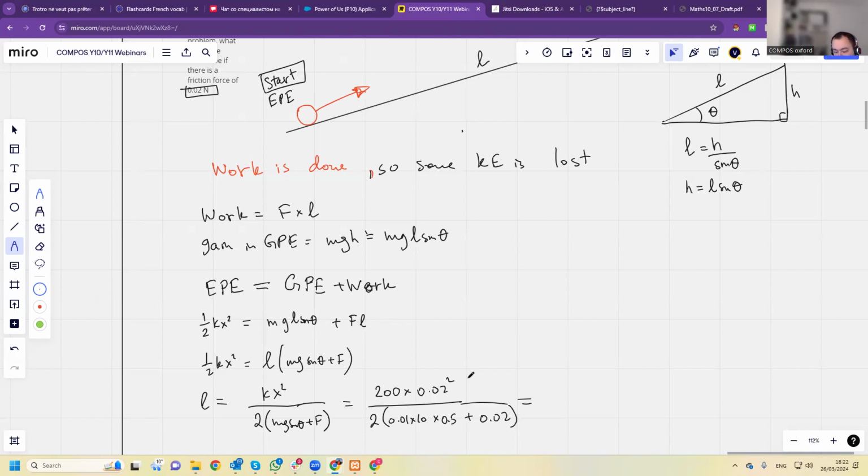So 200 times 0.02 squared divided by 2 times (0.05 plus 0.02), which gives 0.57 meters, 57 centimeters.